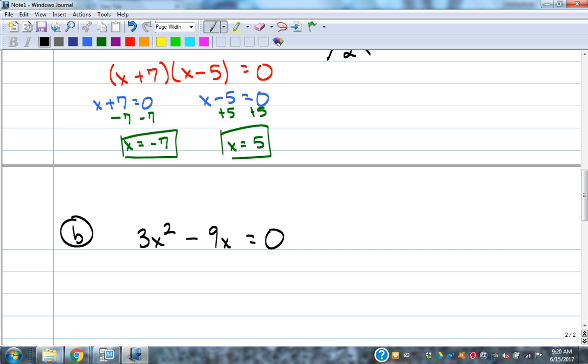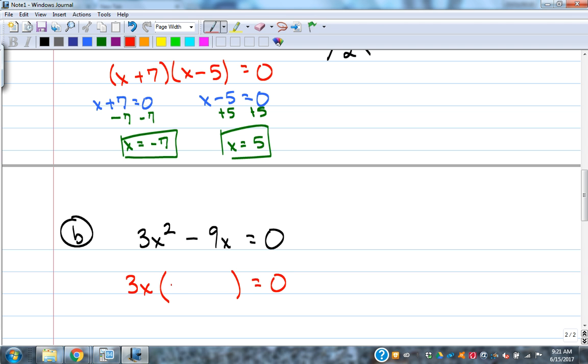So how would I factor this one? What's the first thing I should always look for when I'm factoring? A greatest common factor. 3x squared and 9x, 3 and 9 have 3 in common, and they both have an x. So the GCF would be 3x. And then what would that leave in parentheses?